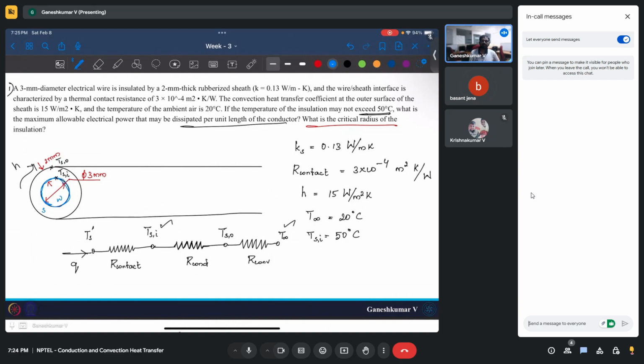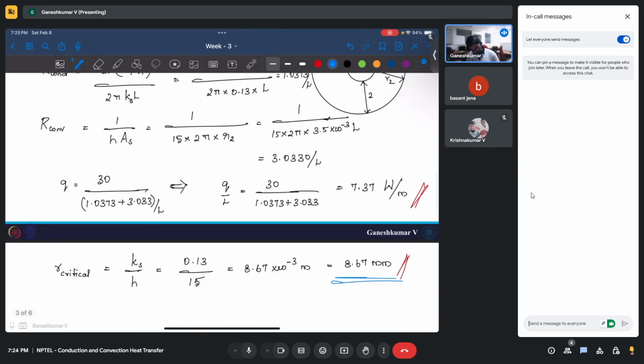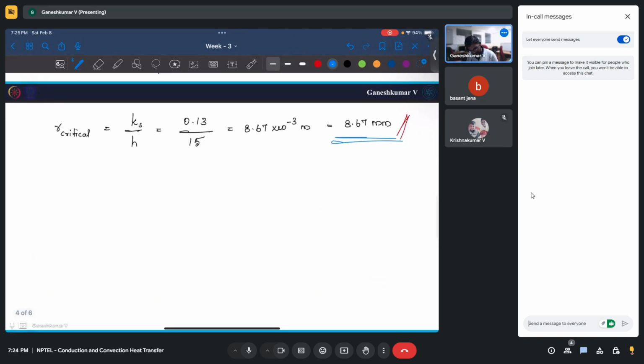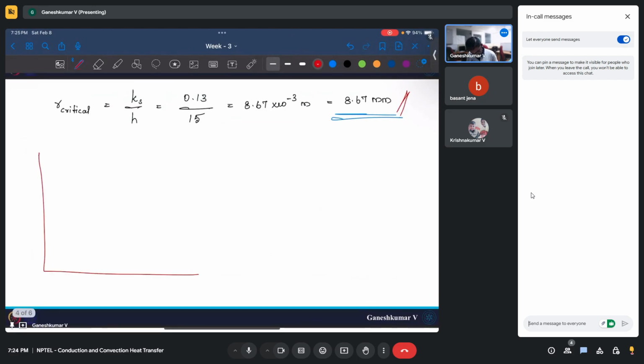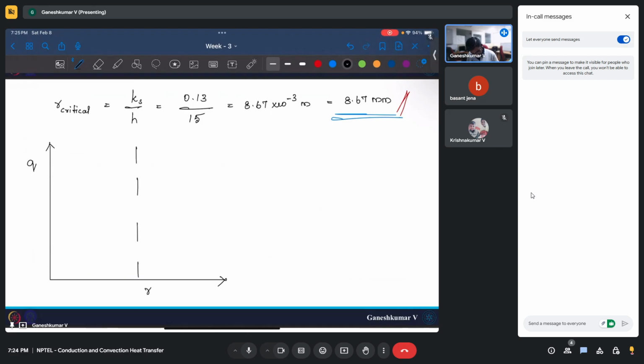Yeah. So let's say if I increase the thickness, if you remember, we had this plot of Q versus R, and you have R critical somewhere here, right?